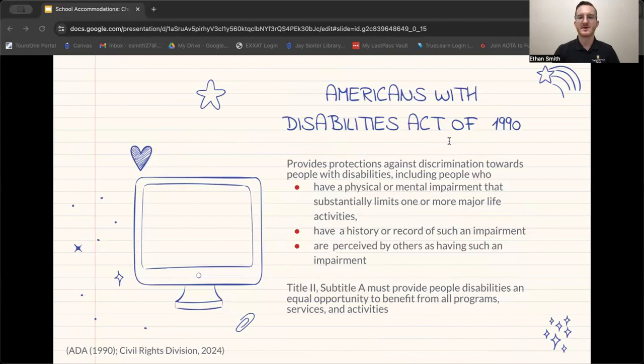A person with a disability is defined as someone who has a physical or mental impairment that substantially limits one or more major life activities, has a history or record of such an impairment, such as a cancer that is currently in remission, or is perceived by others as having such an impairment, such as a person who has scars from a previous severe burn.